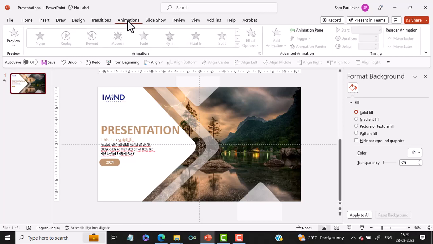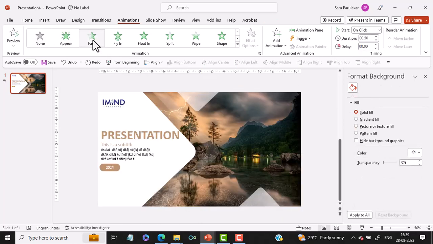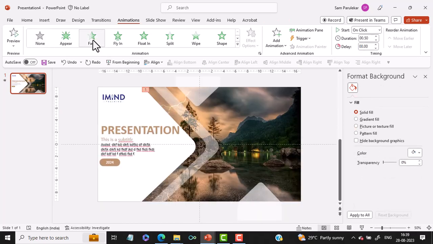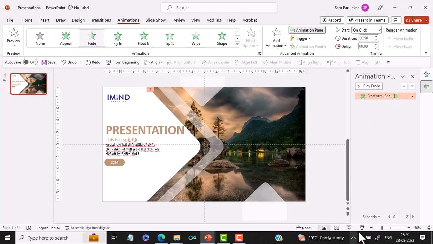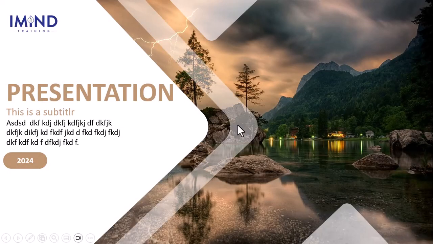Then we click on animations and we select this and we again select fade like this, and you can add the animation pane to see how it looks like. So this is our first element which will be visible.